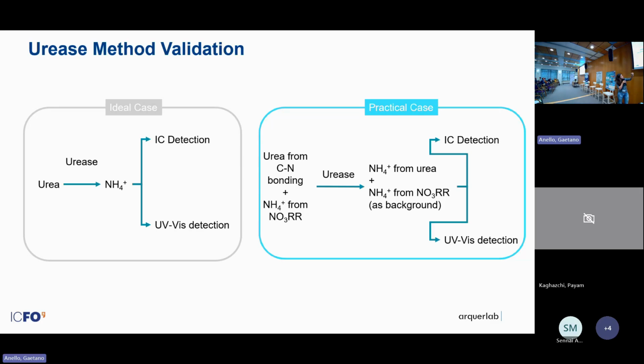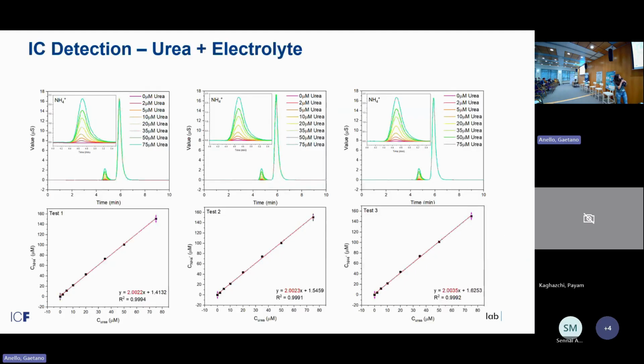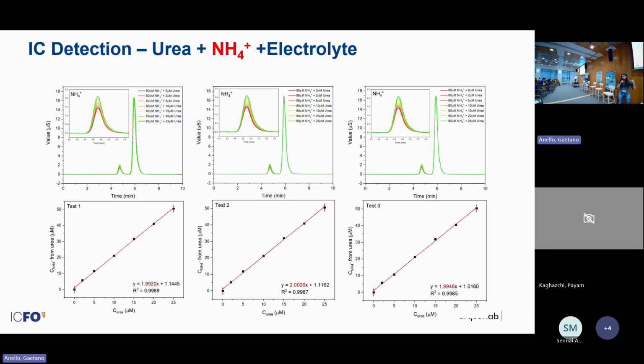But when you already have some ammonia in the electrolyte, because it's a product that you just generated, then you end up detecting a very small difference between the ammonia that you had before and the ammonia that you generated during the urease process. So he checked in the ionic chromatography what happens when there is no ammonia and when there is ammonia present.